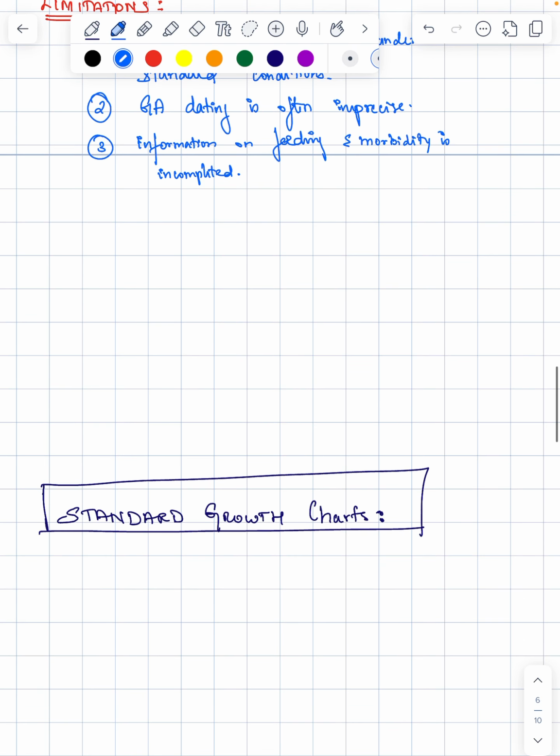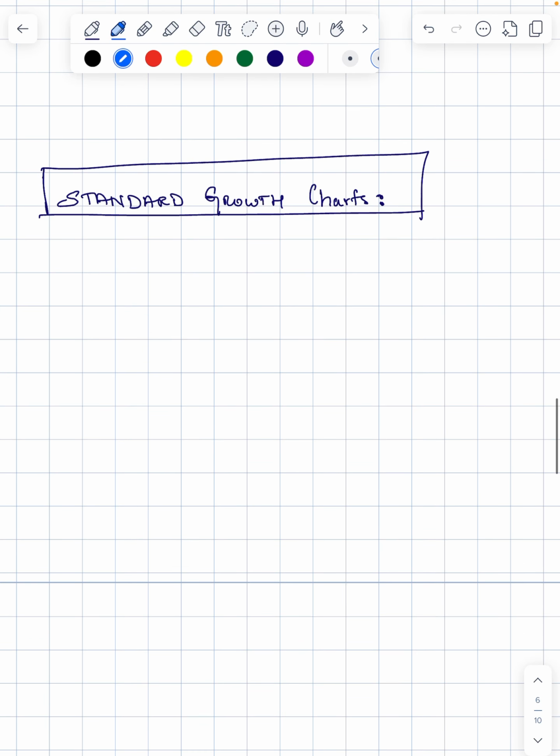Next comes your standard growth charts. What does this standard growth chart represent? The standard growth chart represents how an infant should grow when health, nutrition and environmental conditions are optimal.